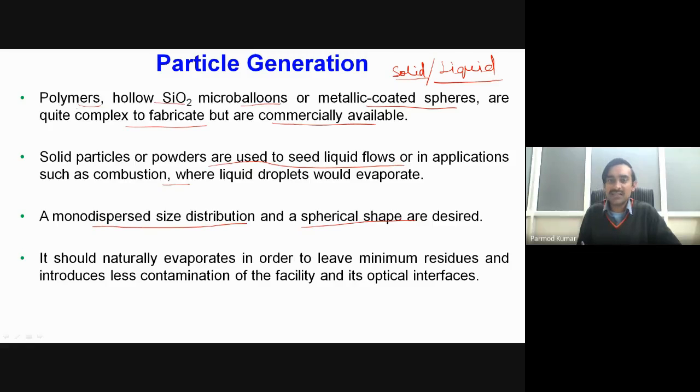A spherical shape is a requirement which can be easily obtained, because the particles will be of very small size, and their small size will always ensure the spherical shape. Then we should have particles which naturally evaporate in order to leave minimum residue and introduce less contamination.